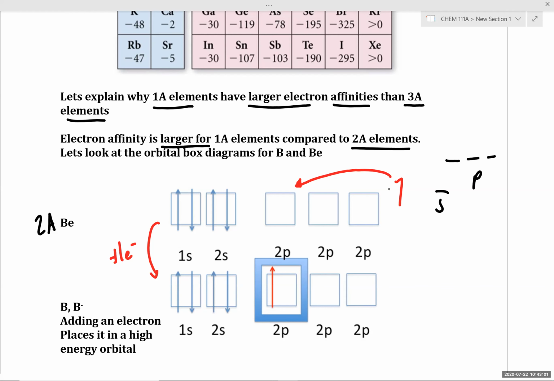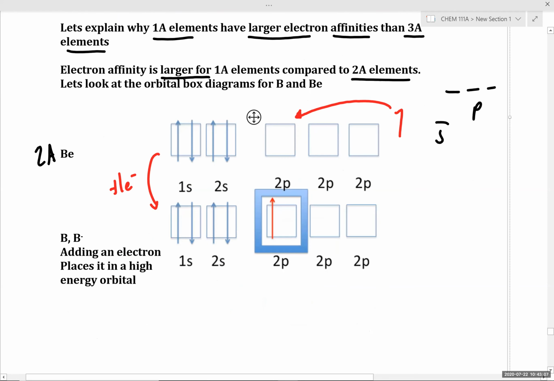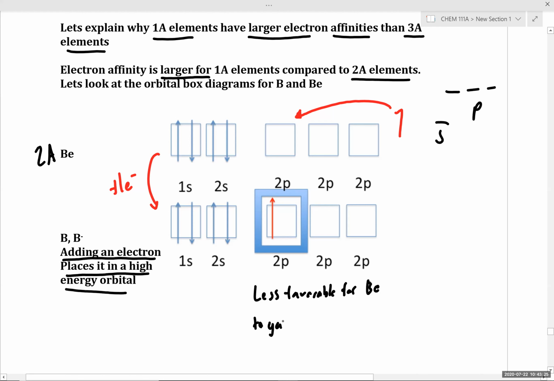Yep, we're placing this new electron in a high energy p orbital. So when we're adding this electron as the result of ionizing beryllium and gaining an electron, adding this electron places it in a high energy orbital. As a result, it is less favorable for beryllium to gain an electron.